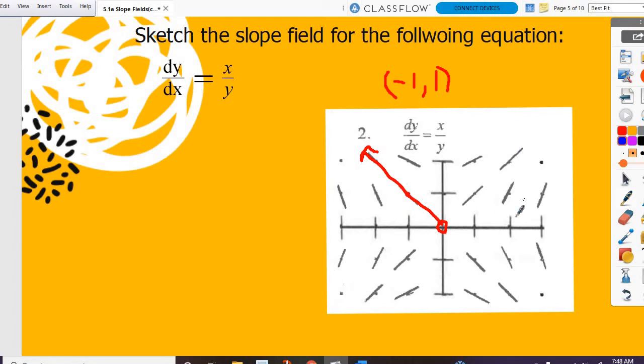So if we wanted to say go through the point 2, 1 to draw a particular solution, again, remember we're just picking a point and we're trying to draw what that slope would look like through that point.